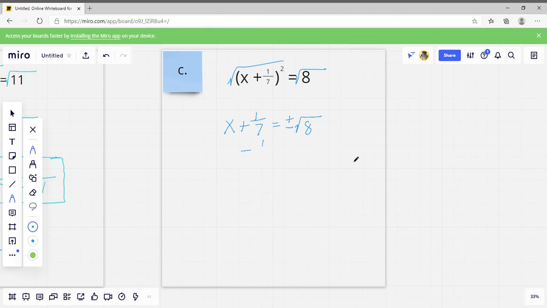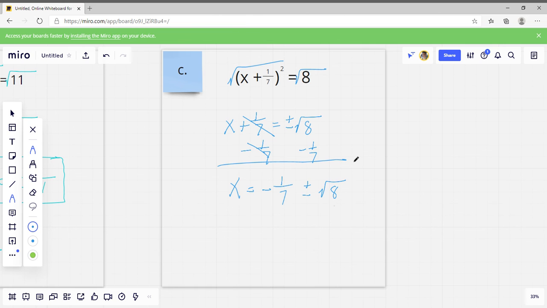And then we're going to do minus 1 over 7. And those cancel, and we get x equals negative 1/7 plus or minus the square root of 8.